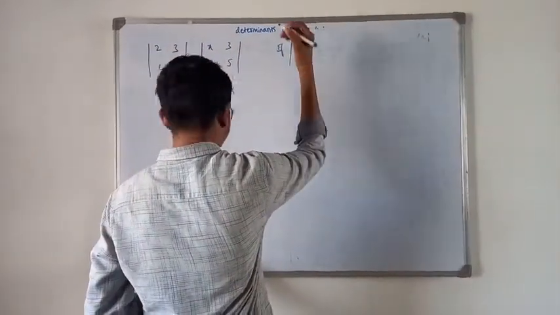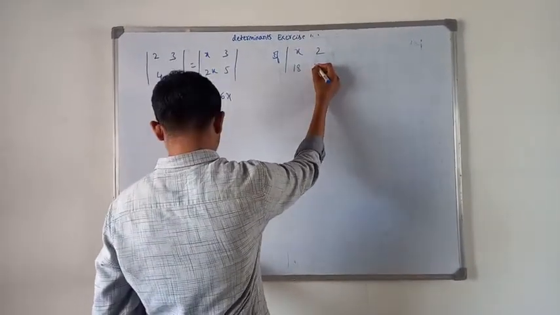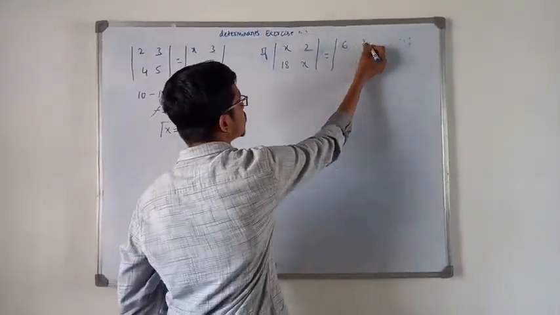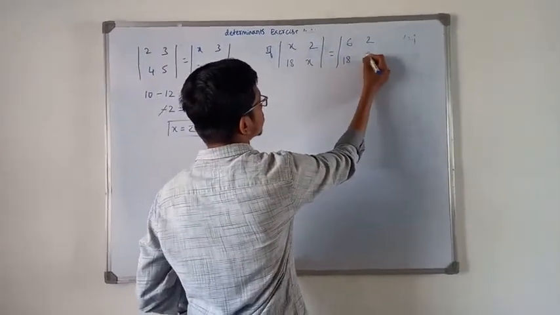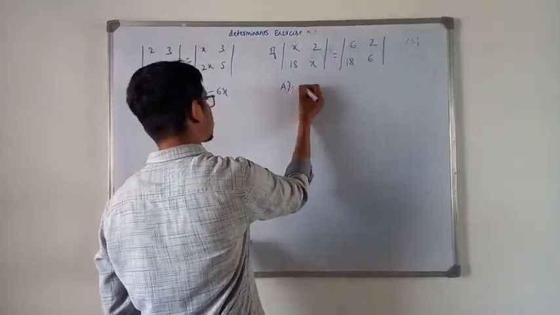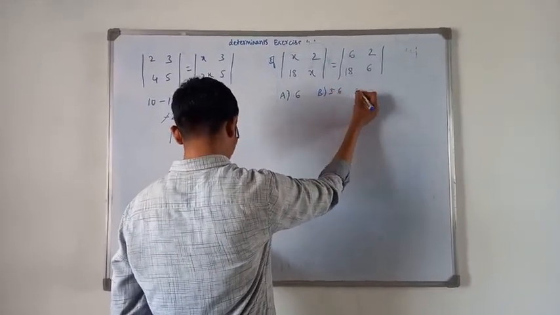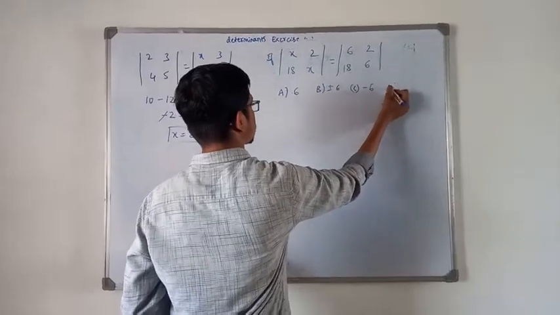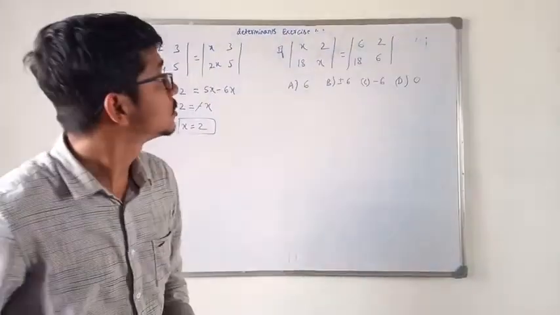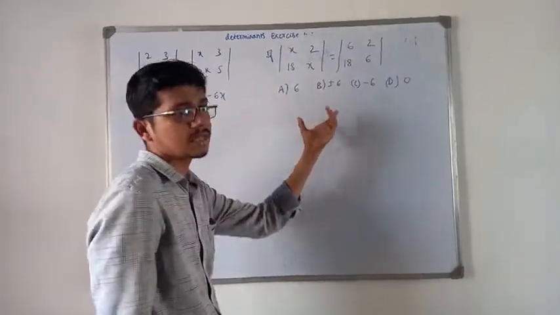If the determinant of x, 18, 2, x is equal to the determinant of 6, 18, 2, 6, then the value of x is equal to, they gave the options: a is 6, b is plus or minus 6, c is minus 6, d is 0. Here you can find the value of x, and they gave the options, so you choose the correct answer.